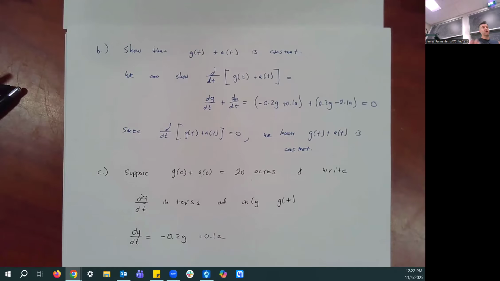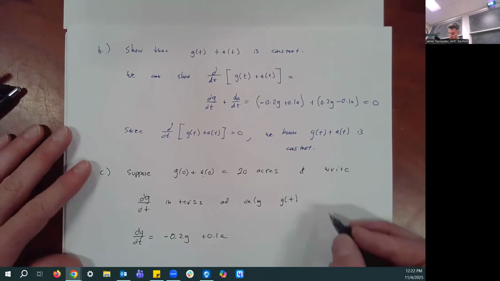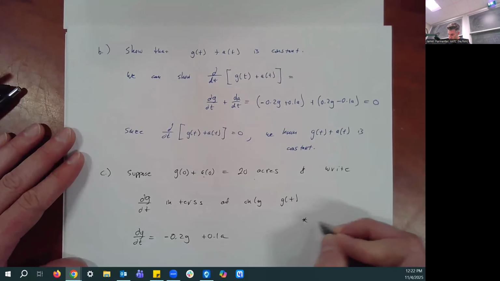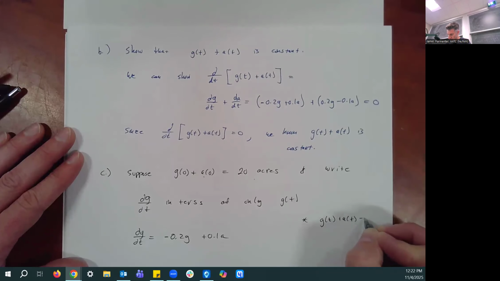So once you know that g of 0 plus a of 0 is some number, that's the number for any value of t. So g of t plus a of t, regardless of input, is always equal to 20 in this situation.